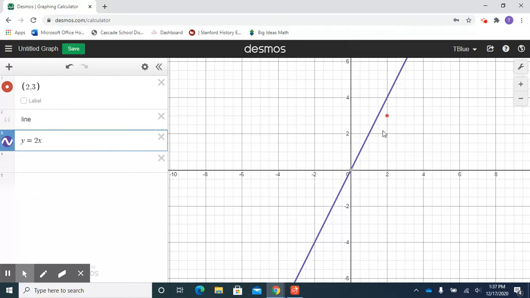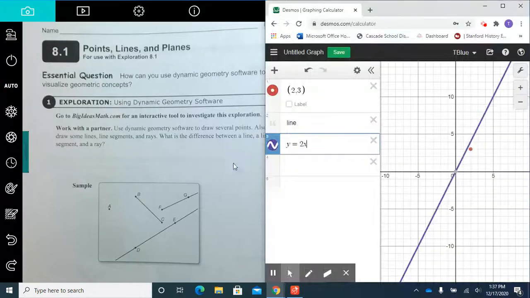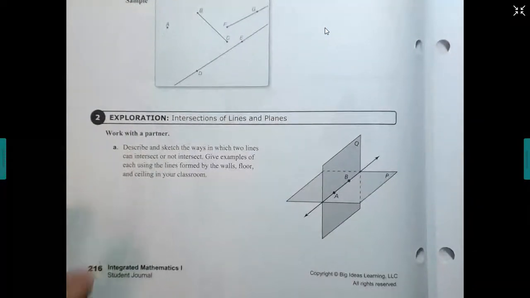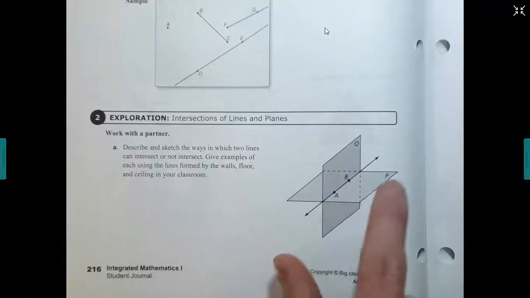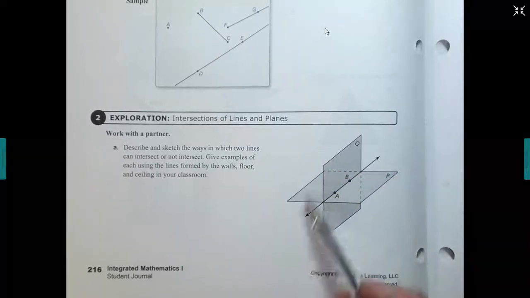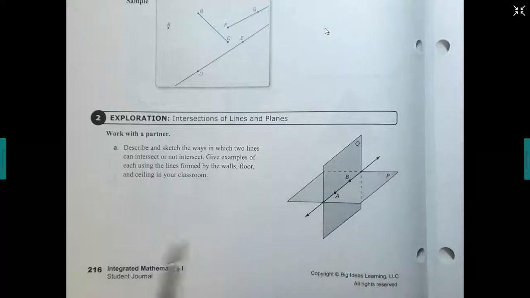And then a plane is a flat shape that extends in all directions. Let's see if we've got a plane on here. Here we go. So there's a good view of a plane. It extends forever in all directions. So there's a plane.